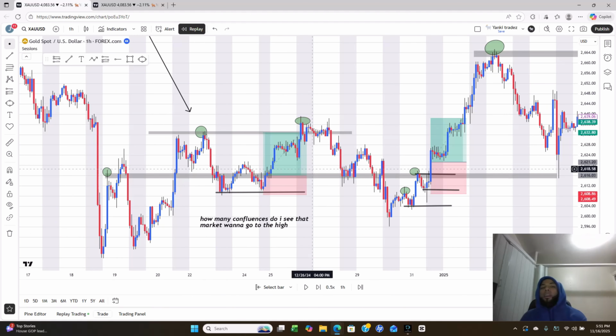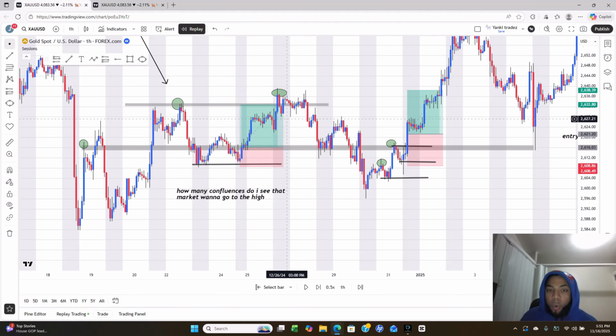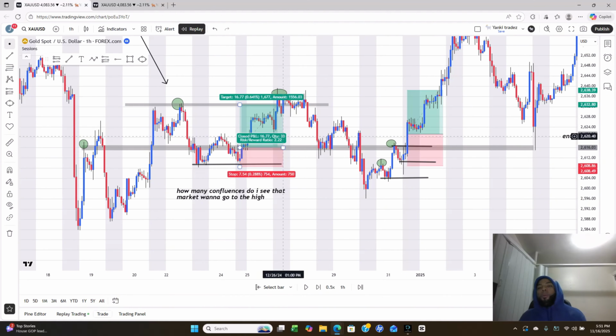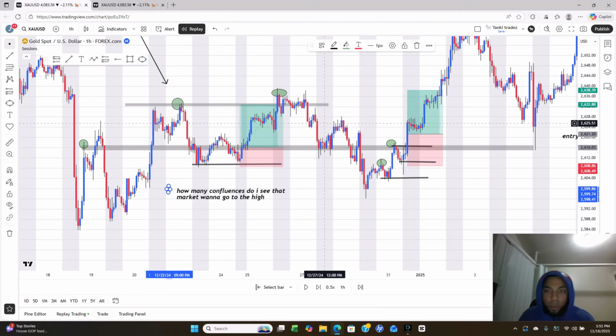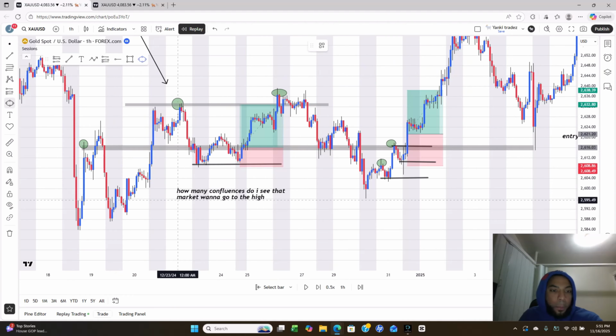Market wants to make it easy, but not too easy. So in order for you to make money, it's from point A to point B for now.